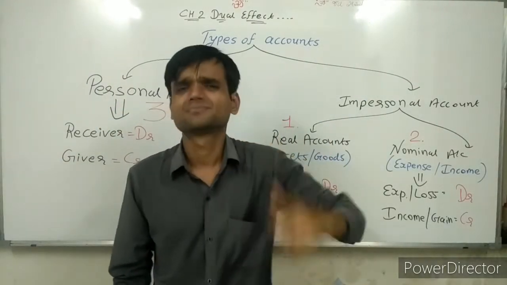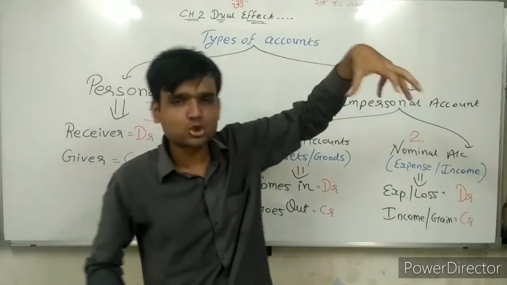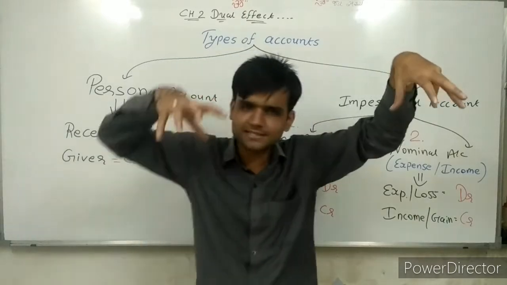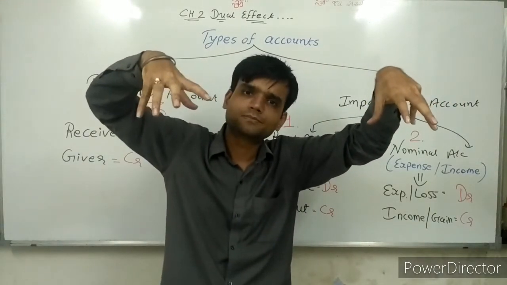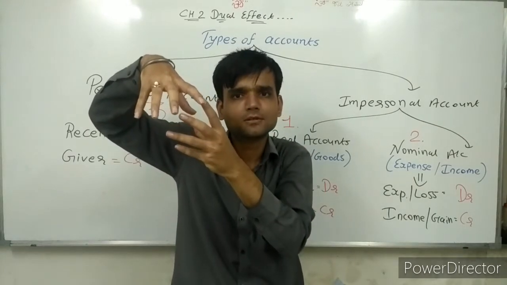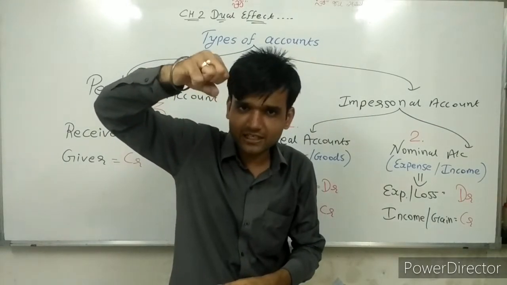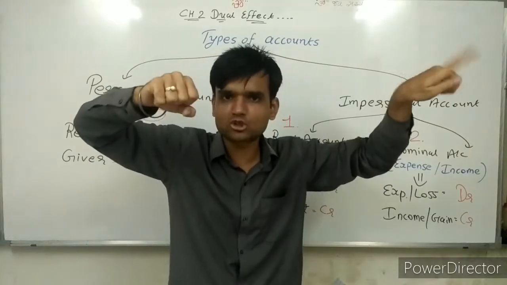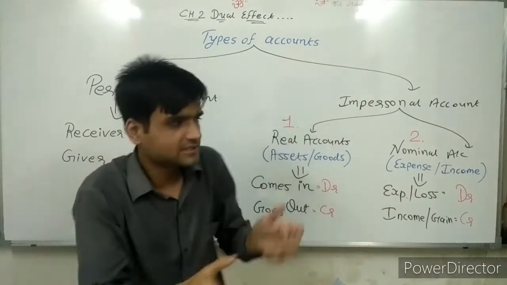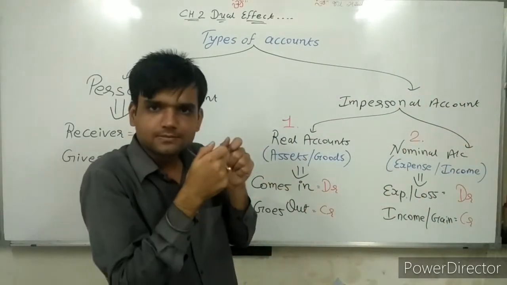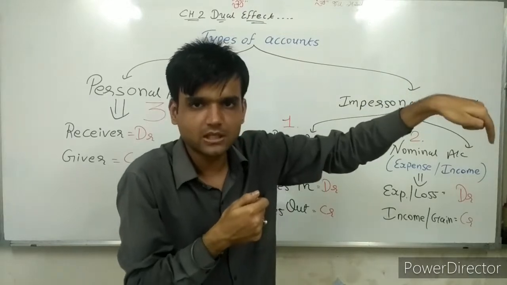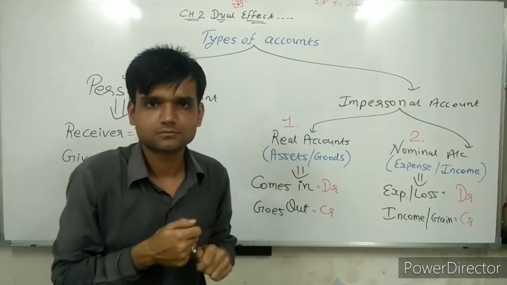Now think, Ranchod is the owner and he started some business. Ranchod brings capital to the business, and we are writing the business account, not the Ranchod account. So consider only the business. The business is taking capital and the owner of the business is giving capital.